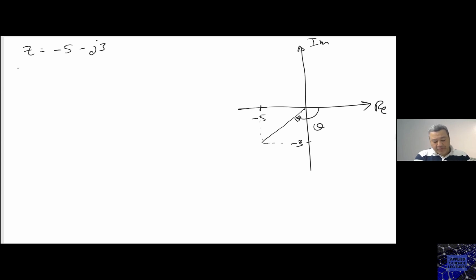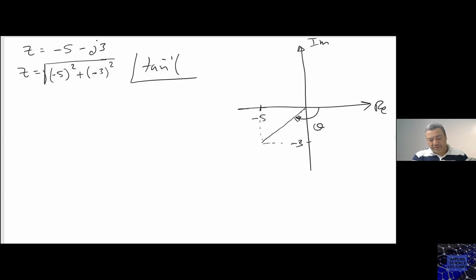Now, if you transform this, you have here minus 5 plus minus 3, so the minus is not going to do anything. Tan inverse of minus 3 over minus 5. And if you plug those numbers in your calculator, you're going to get a positive angle, which is wrong. Take the square root of 25 plus 9.